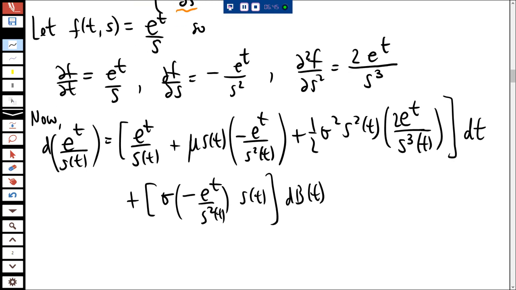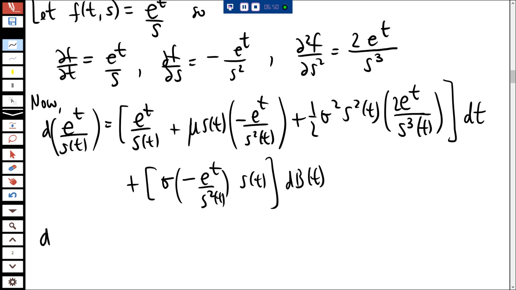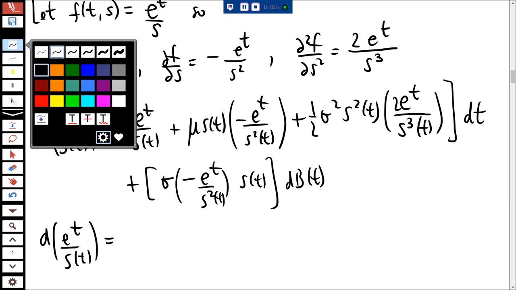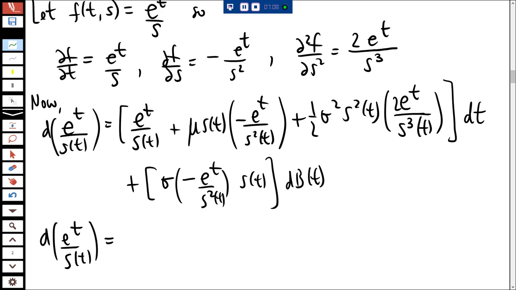We just need to remove S of t and simplify. So let's take a closer look. Where can we see cancellation? Well, I should be aware that y, our process, is e to the t over s squared of t.